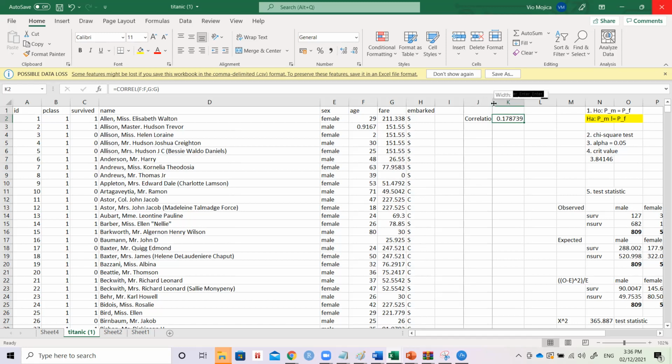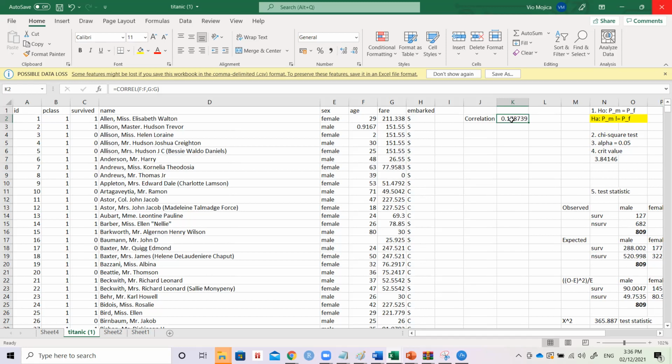So that's enough to describe. There's a very weak relationship between age and fare, and the relationship is direct. As one goes up, the other one goes up as well. So clear naman. Sige, so meron silang correlation.